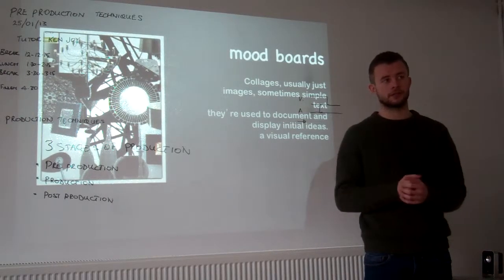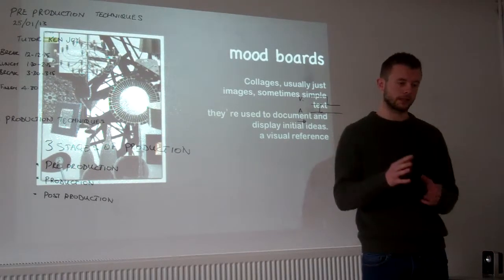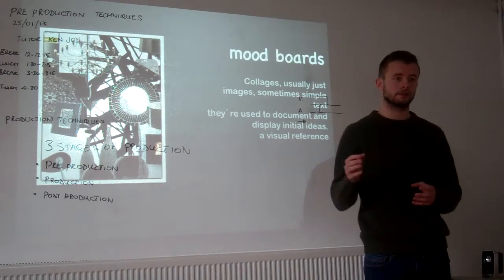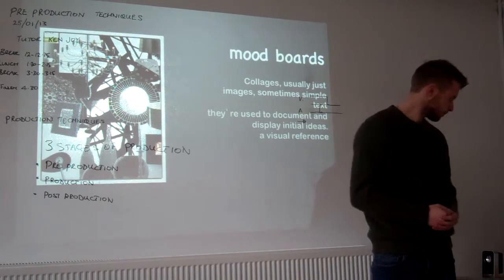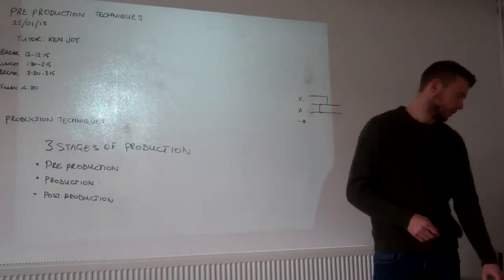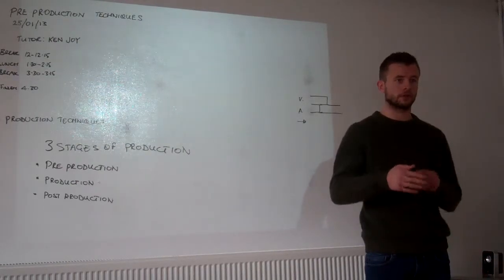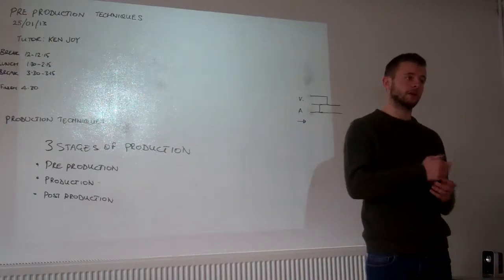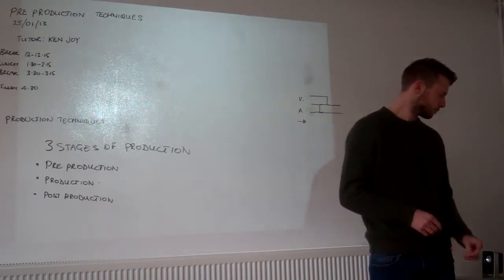Obviously explaining the idea sometimes is quite difficult, so it's getting your ideas out, taking in inspirations from other ideas, basically research on what you want to put forward. It also acts as a visual reference for when you want to go back further in the production. You can look back on what you've done, your initial ideas, where the ideas actually came from.